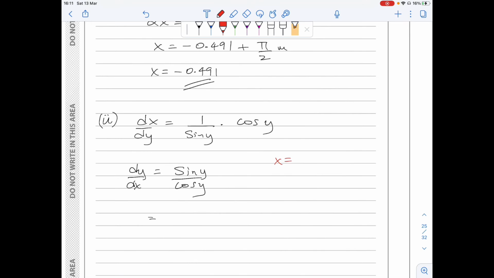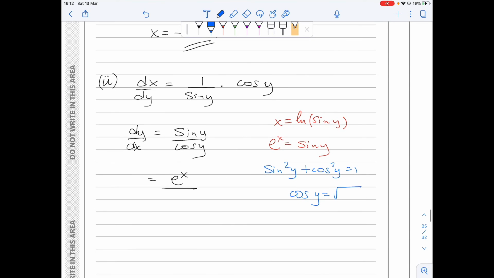Since x = ln(sin y), then e^x = sin y, and that's my numerator. To find the denominator, I will use the identity sin²y + cos²y = 1. So cos y equals the square root of 1 - sin²y, which is the square root of 1 - (e^x)².